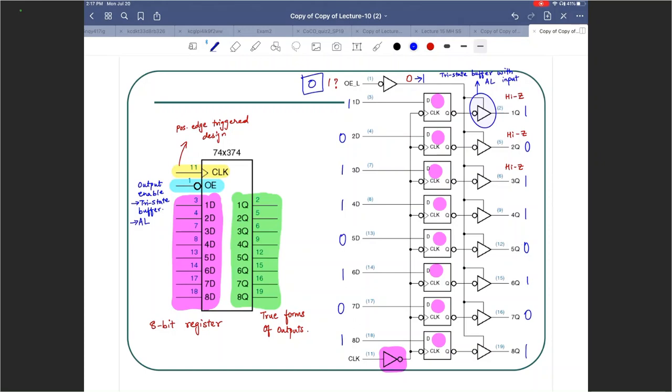There is still one more thing left, which is a positive edge on the clock. So I change all the D inputs, I change output enable_L to 0, or I activate output enable, and then I also need a positive edge on the clock. After that happens, I will see these particular 8 outputs for that chip, the 8-bit register with output enable.